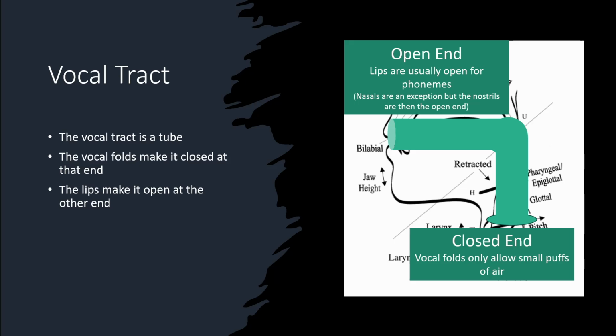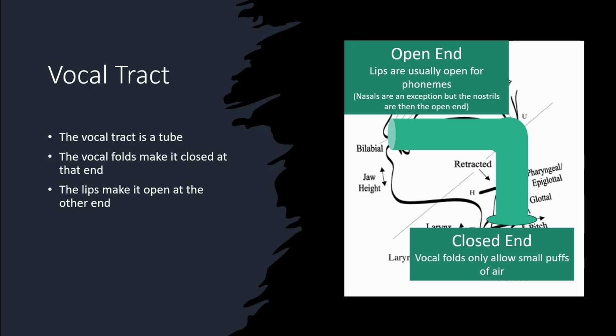There's one exception when this tube becomes closed. And that's when you're doing a nasal sound, so like m, n, and ng, all of those things. Then you're closing your lips, or you're making a complete closure with your tongue. But then the nostrils become the open end of the tube.